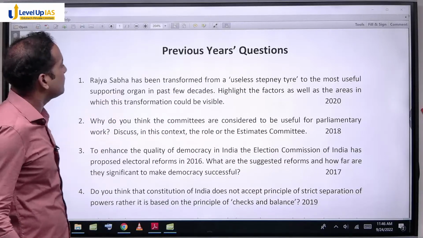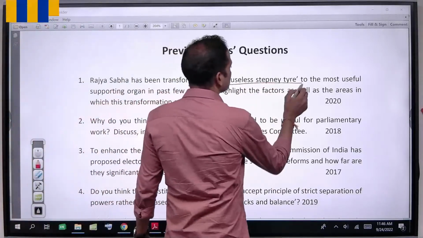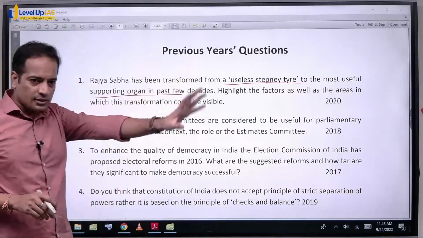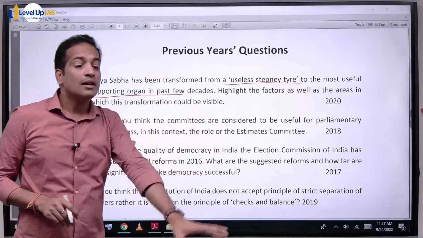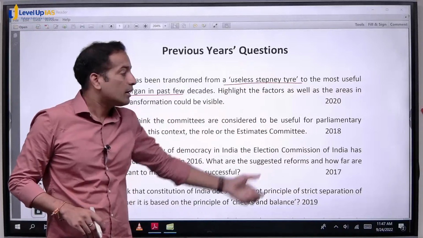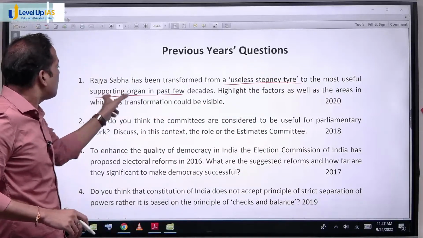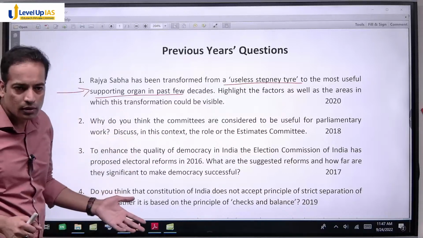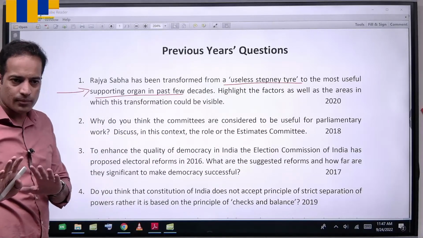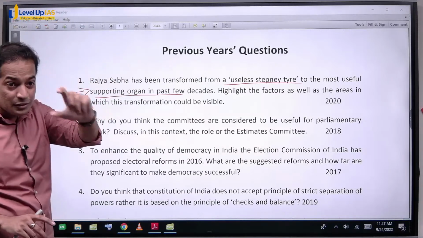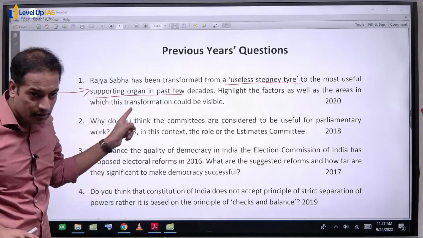Rajya Sabha has been transformed from a useless stepney tire to the most useful supporting organ. Here, why it was termed as useless stepney tire, and how in the past decade it has become a supporting organ. Okay.